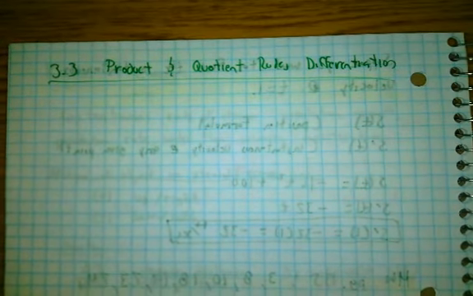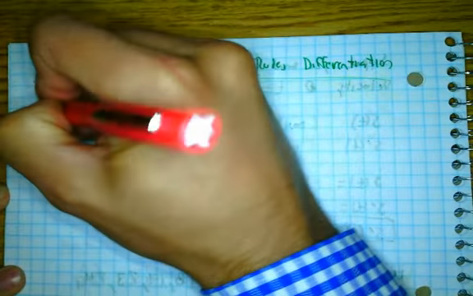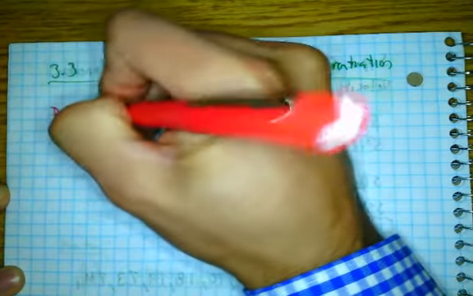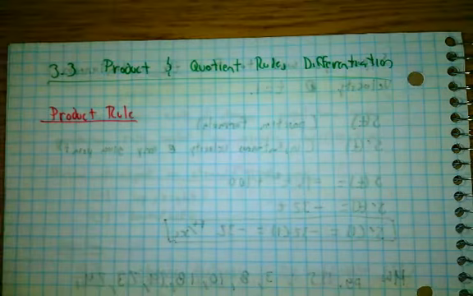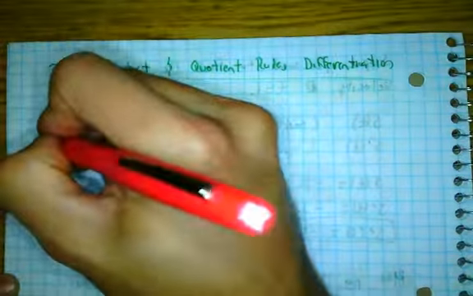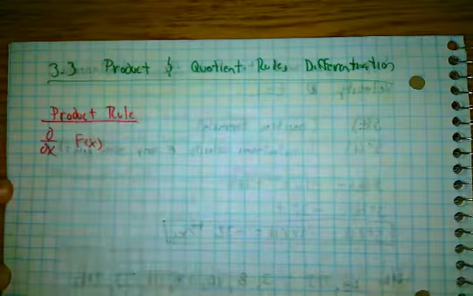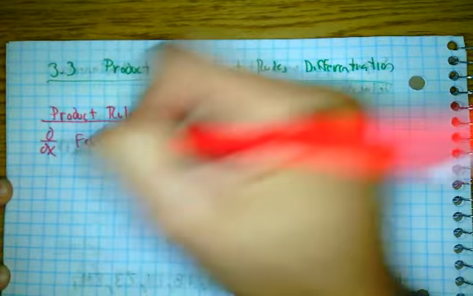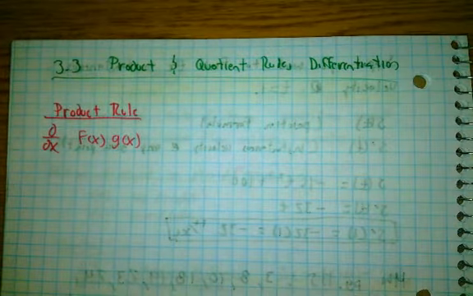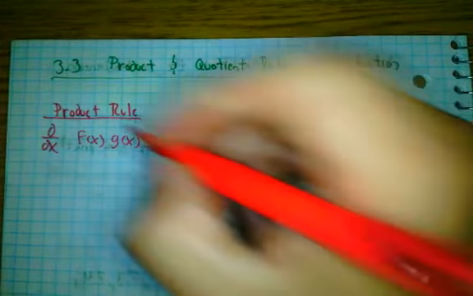Alright, 3.3. We'll start off with the product rule. Okay, so let's pretend you're taking the derivative of f of x times g of x. So there's two things being multiplied. That's why it's called the product.